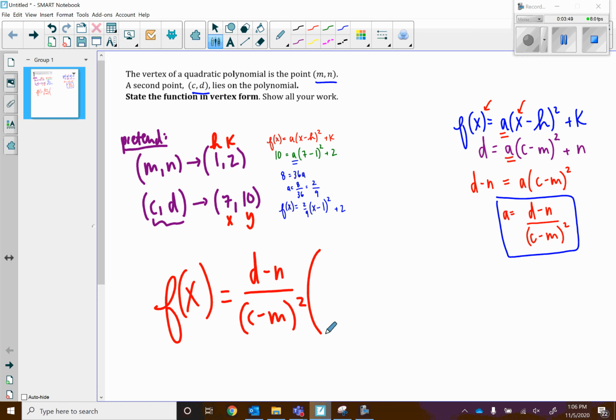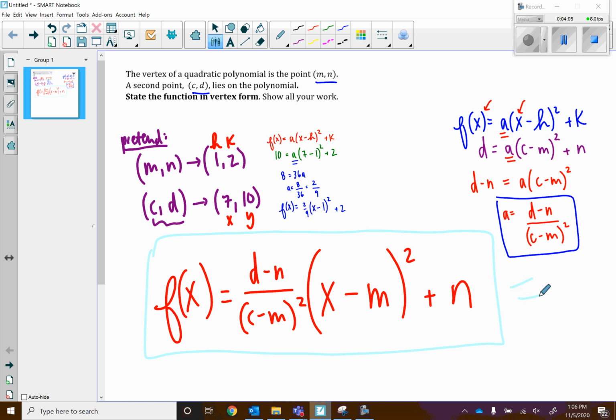That's a times the quantity x minus the h value, so m, squared, plus k, which in this case is n. And this is our final answer. Challenging because it's all in variables, but the same exact steps that we did in a more concrete example.